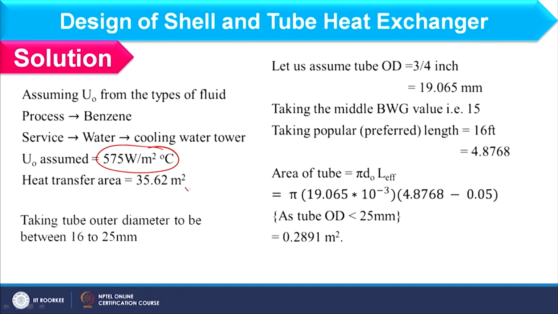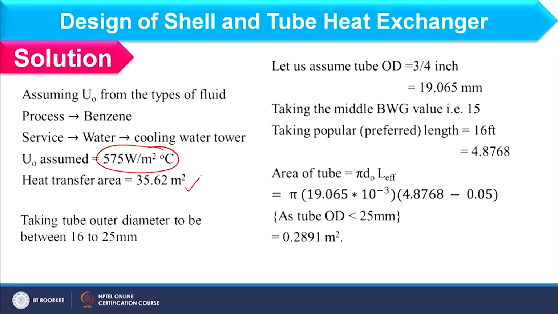So heat transfer area you can calculate as 35.62 meter square, okay. Now we have to decide the tube dimensions, okay. If you remember, the optimum diameter of the tube varies from 16 mm to 25 mm, right. That point we have already discussed in a lecture where we discussed tubes, okay.